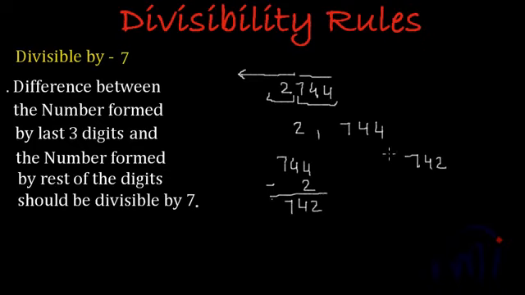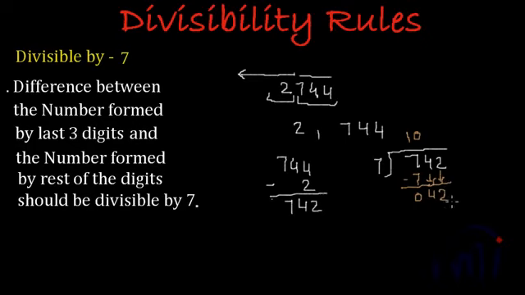So let me divide 742 by 7. 7 ones are 7. If I subtract, I get 0, right? And the next step, I have to note this 4 down. This 4 is smaller than 7, so it cannot be divided by 7. So I'll put a 0 over here and note this 2 also down.